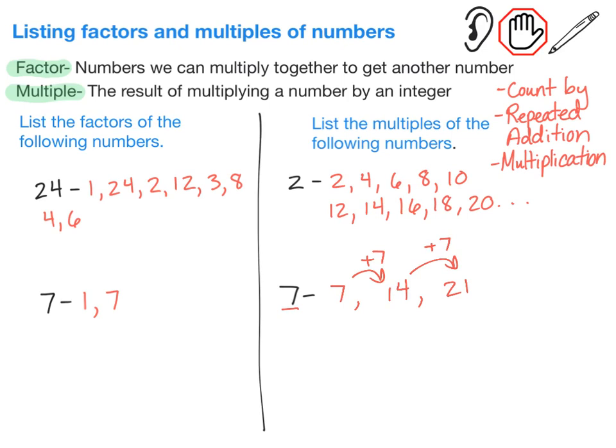So 7 times 1 is 7, 7 times 2 is 14, 7 times 3 is 21, 7 times 4 is 28, and 7 times 5 is 35. 7 times 6 is 42, 7 times 7 is 49, 7 times 8 is 56, 7 times 9 is 63, and 7 times 10 is 70, and so on. So I could keep multiplying and keep going, but I've listed the first 10 multiples of 7.